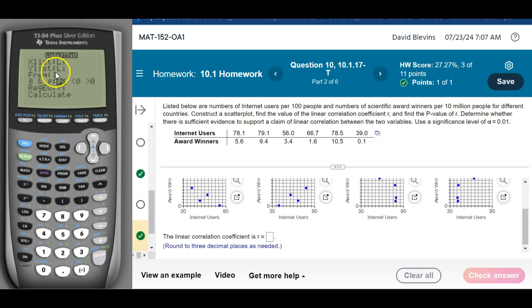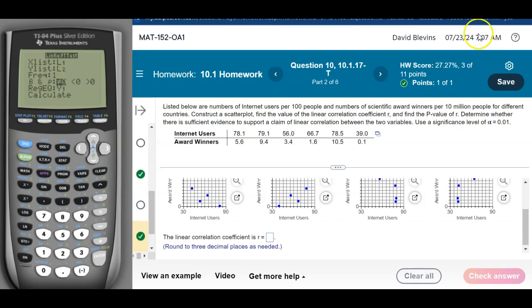My X's are list 1, my Y's are list 2. Make sure your frequency is 1 here. Unless it specifies that you feel the correlation is positive or negative, and it typically doesn't in a correlation test, you're going to press not equal to. This is rho, the Greek letter rho. It's like when we use x bar for the sample mean and mu for the population mean.